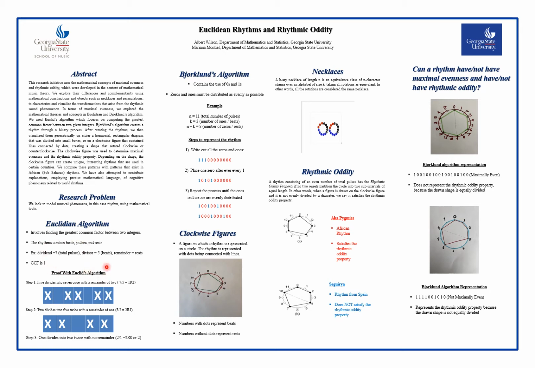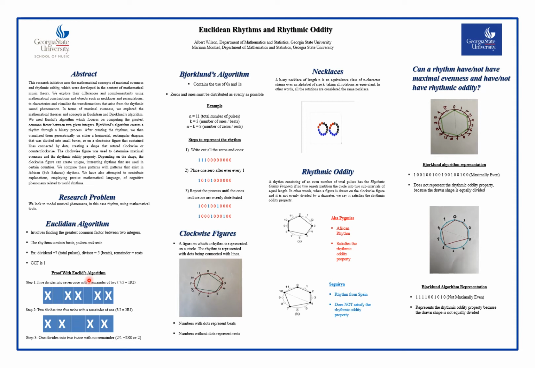Let's take a look at this example. We have 7 and 5, in which 7 is the dividend, or the total number of pulses, and 5 is the divisor, or total number of beats. We divide 7 by 5, and our answer is 1 with a remainder of 2, and the remainder represents the number of rests.